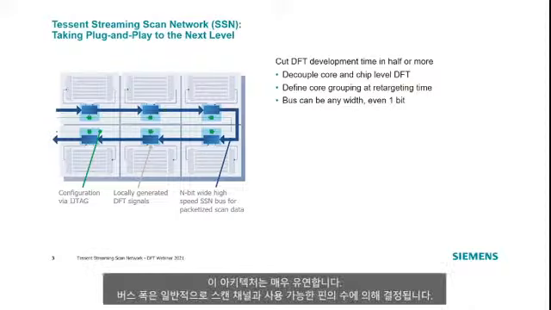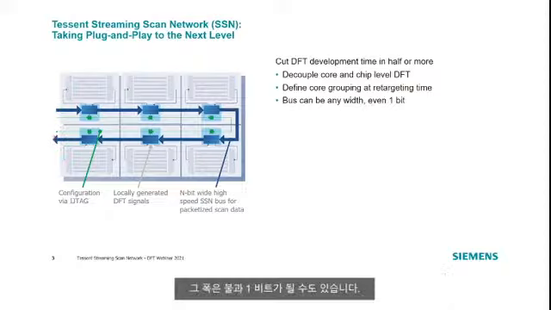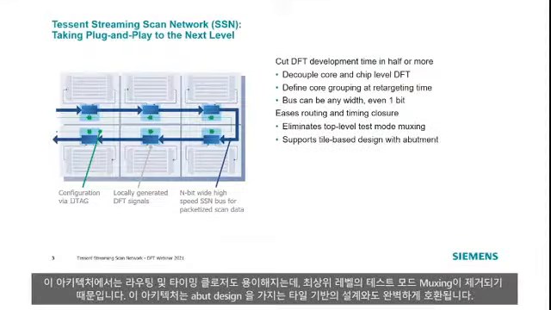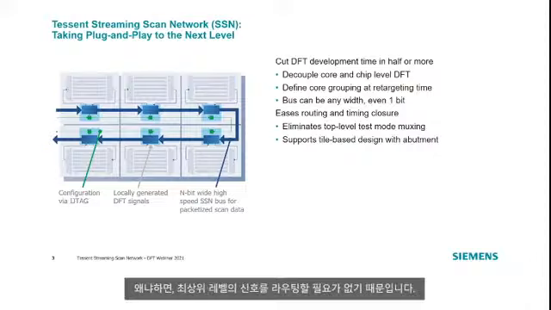This architecture is very flexible. The bus width is typically determined by the number of scan channel pins available. It could be as narrow as 1 bit. This architecture also eases routing and timing closure since we eliminate the top-level test mode muxing, and it is also fully compatible with tile-based designs with abutment since no top-level signals have to be routed.